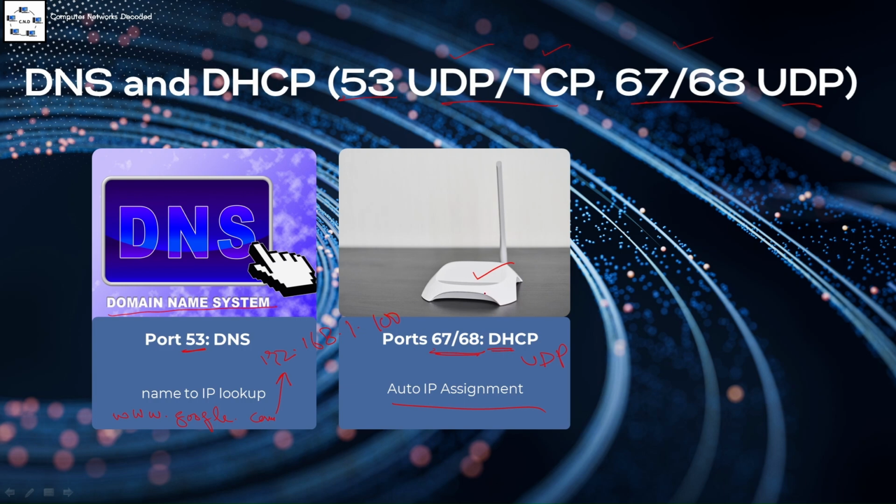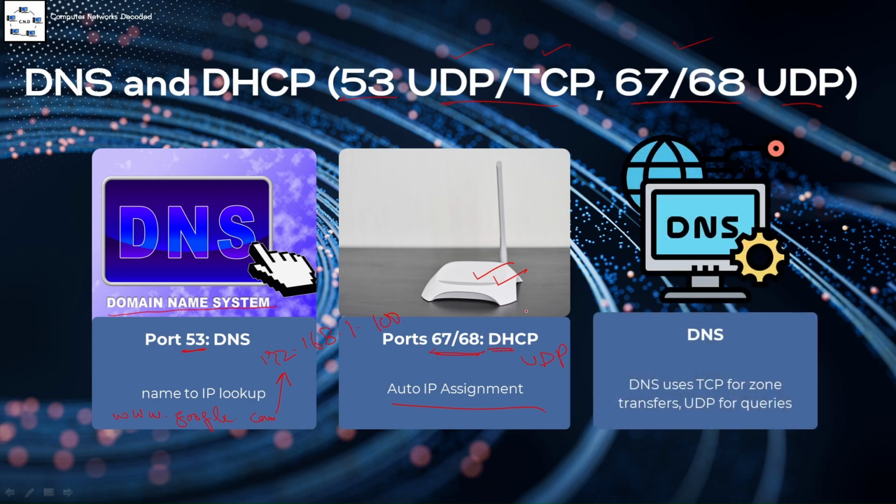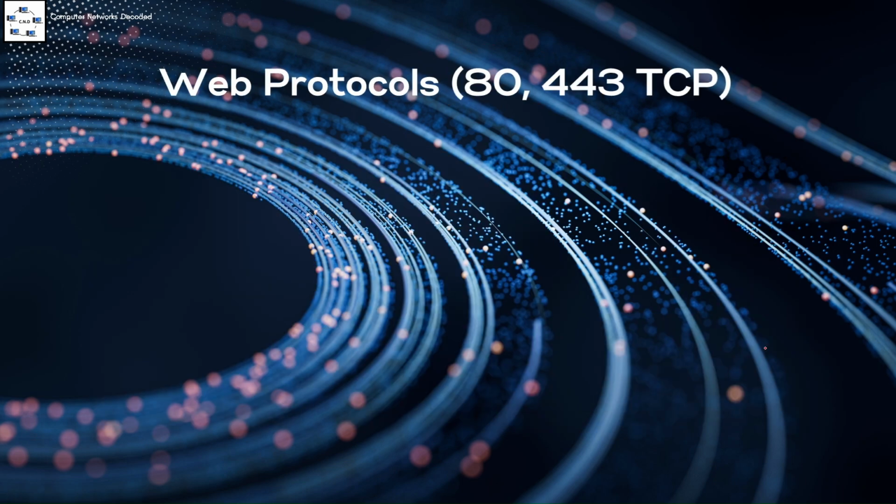So when you connect to your Wi-Fi, your smartphone or your laptop automatically gets an IP address using this DHCP service on the access point. And DNS uses TCP for zone transfer and UDP for queries. So that's why it uses both UDP as well as TCP, but for different functions.